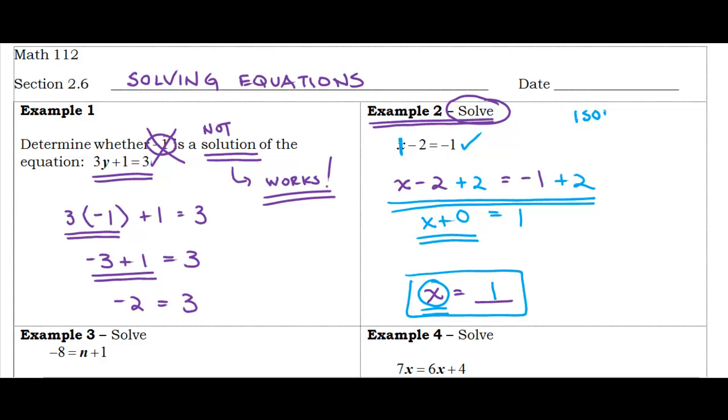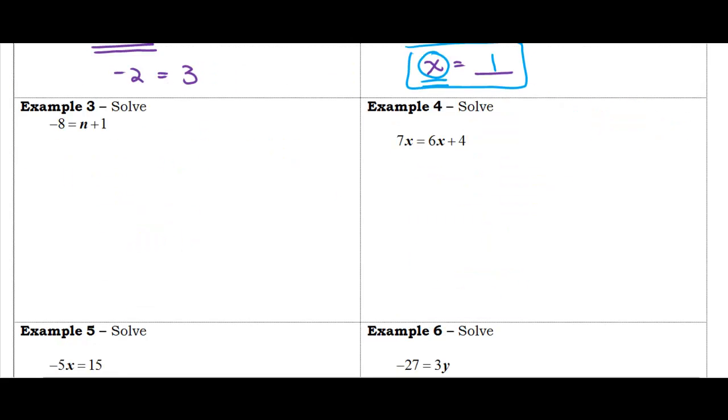And that's going to be our approach for all of these. Okay? And probably you remember that from any algebra class you have ever taken. That is always the goal. Isolate the variable. And it doesn't matter which side the variable is on.